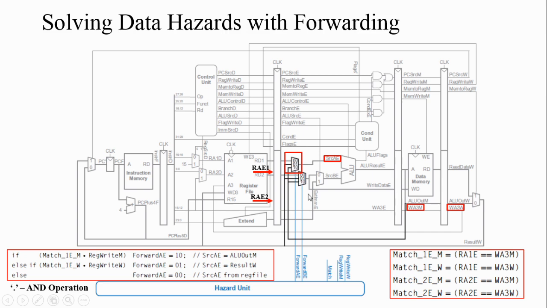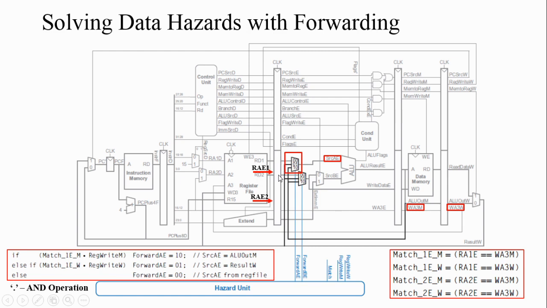How you are generating this is based on the match inputs received in the hazard unit, right? The hazard unit can receive four match signals, and in the first match signal, M stands for memory. This match input signal to the hazard unit will be set when the source input to RA1E, that is the read address input to this pipeline register, right?